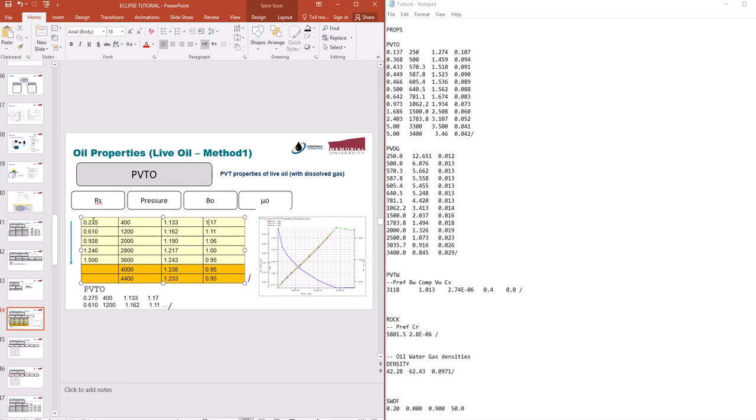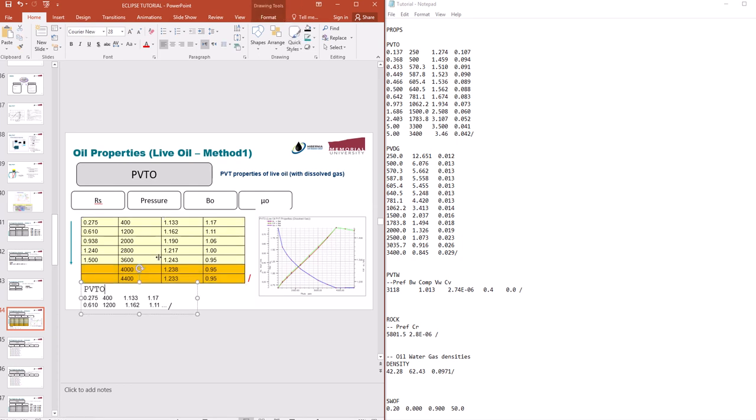The table should also have an undersaturated reservoir section. For the saturated section, RS is changing with pressure, and the rest of the table is for the undersaturated section, meaning the pressure is above the bubble point pressure.